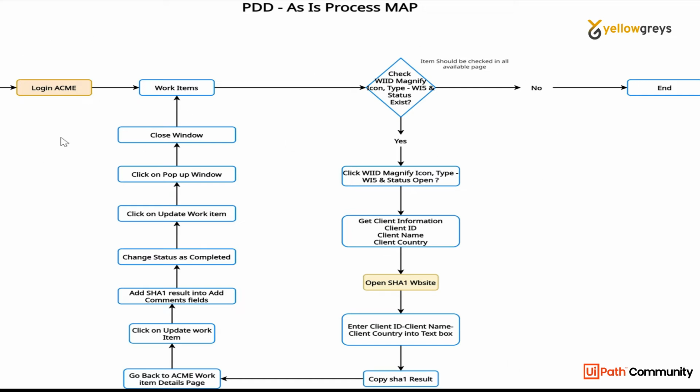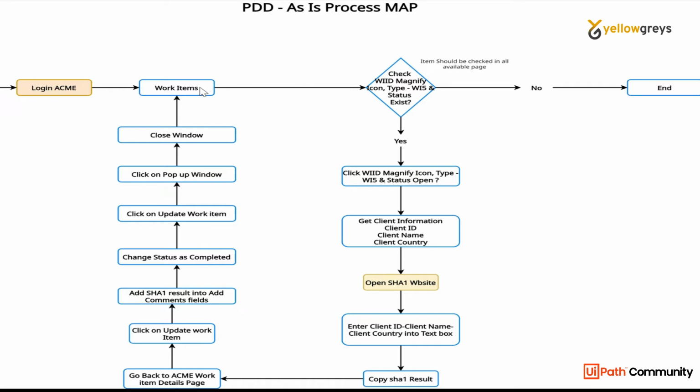You can see that this is the user workflow map, and here I will walk you through how they are doing the process. In the next session, I will show you the live process walkthrough and everything we are actually going to do. First, they log in to the ACME web page, enter username and password, and then click work items.